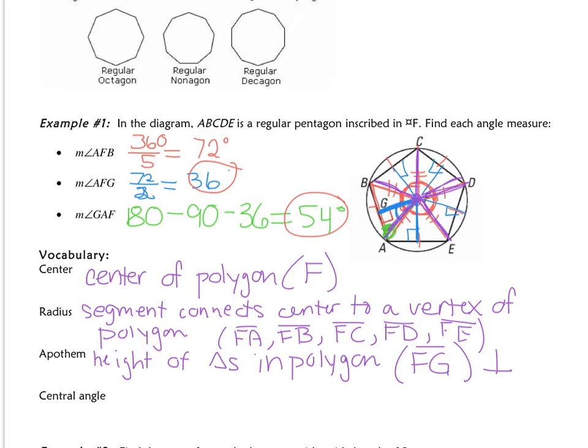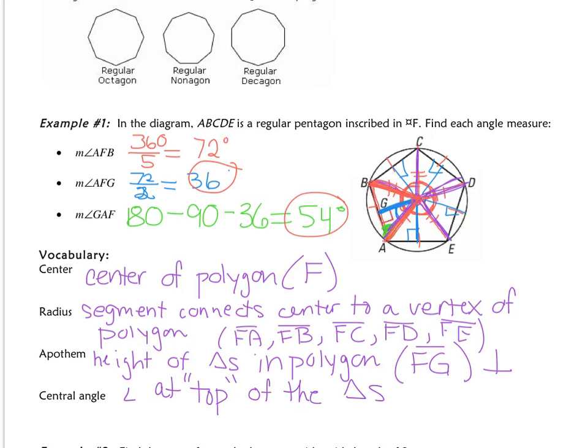Okay, the central angle is the angle at the top of the triangles that I drew. So in the angles that we found up top, it would be angle AFB, because it starts at the center and goes vertex to vertex.